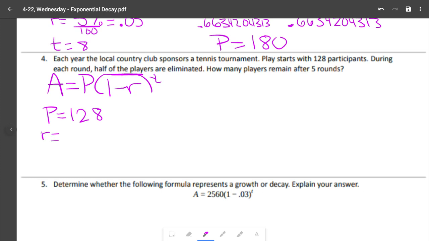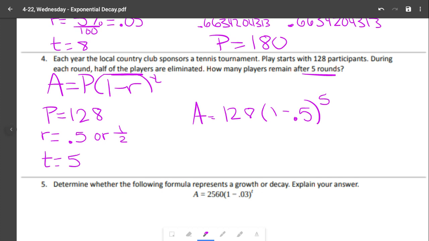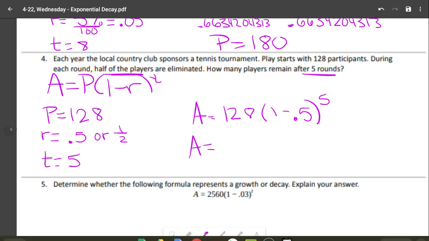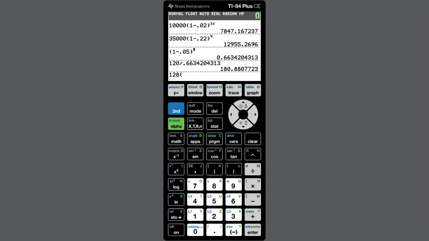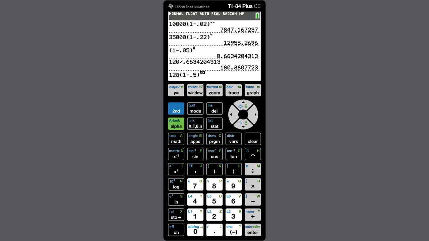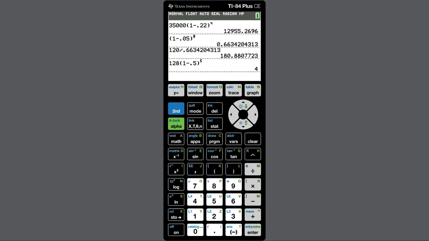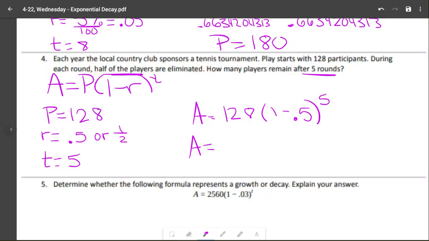That means your R is 1/2 or 0.5. And time T, this is happening after 5 rounds, so T is going to be 5. So we are going to plug in our numbers. You can plug this straight into your calculator. And we get 4. So after 5 rounds, there would be 4 players left.